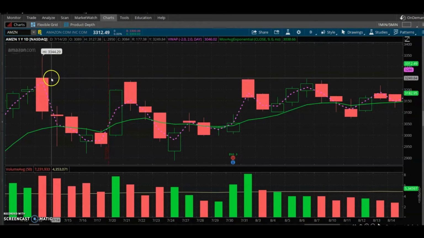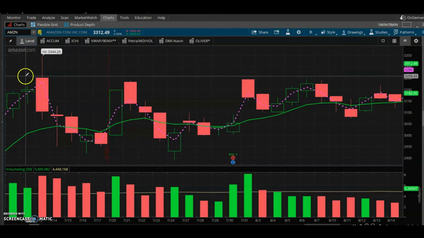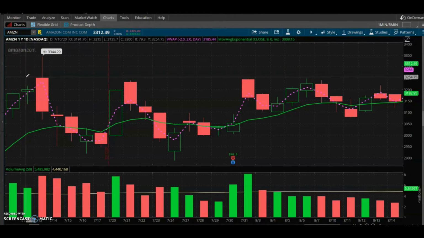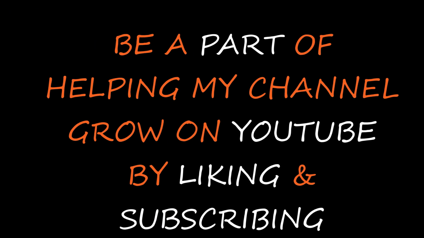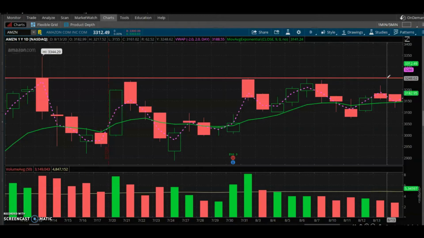And since then, it hasn't been able to get past this point. So I'm going to draw a level right there. I really am only interested in trading Amazon whenever price action breaks beyond this level.